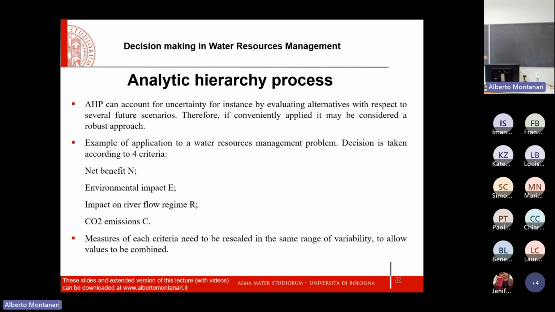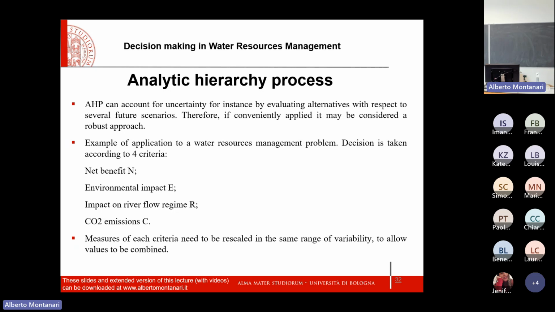Keep in mind that also in making this decision, there are some structured mathematical ways or mathematical recommendations that you may use. For instance, when you introduce criteria, you should avoid correlation between them, which means that if you consider the environmental impact, it is questionable that you also include an impact on river flow regime, because they can be correlated.